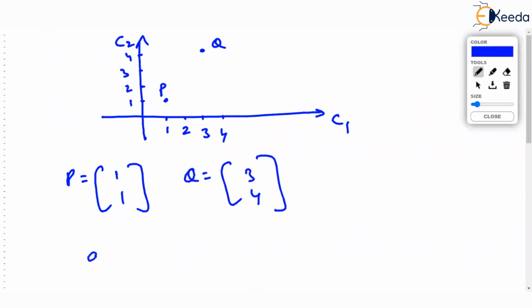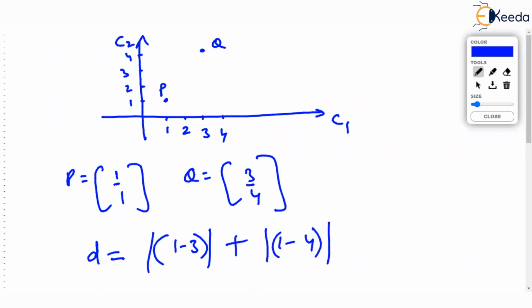Then the Manhattan distance will be |1 minus 3| plus |1 minus 4|. So that's going to be 2 plus 3, which is 5. That means to reach from P to Q, going vertically or horizontally, you will be taking 5 steps.